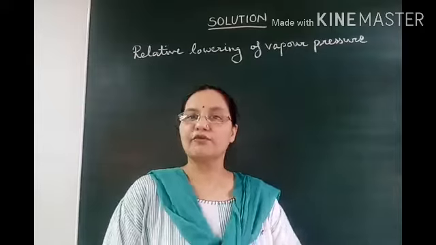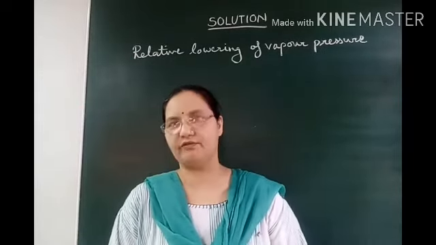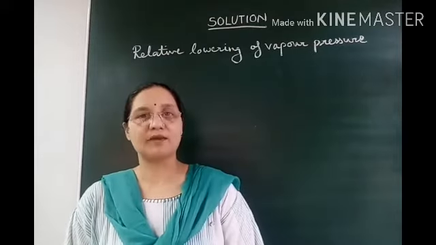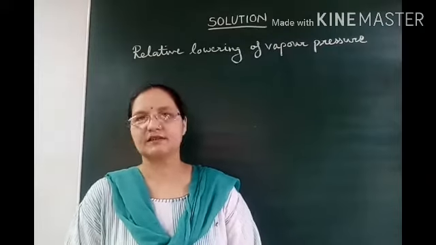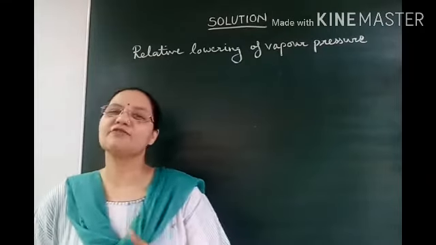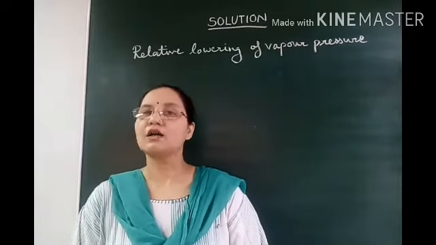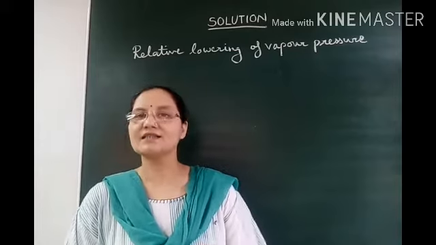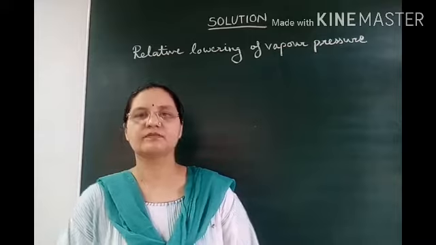Suppose we are adding any non-volatile solute in a solvent. Then what happens? Does its vapor pressure remain the same or get changed? The change in vapor pressure of the solution formed on adding a non-volatile solute in the solvent is known as change in vapor pressure.